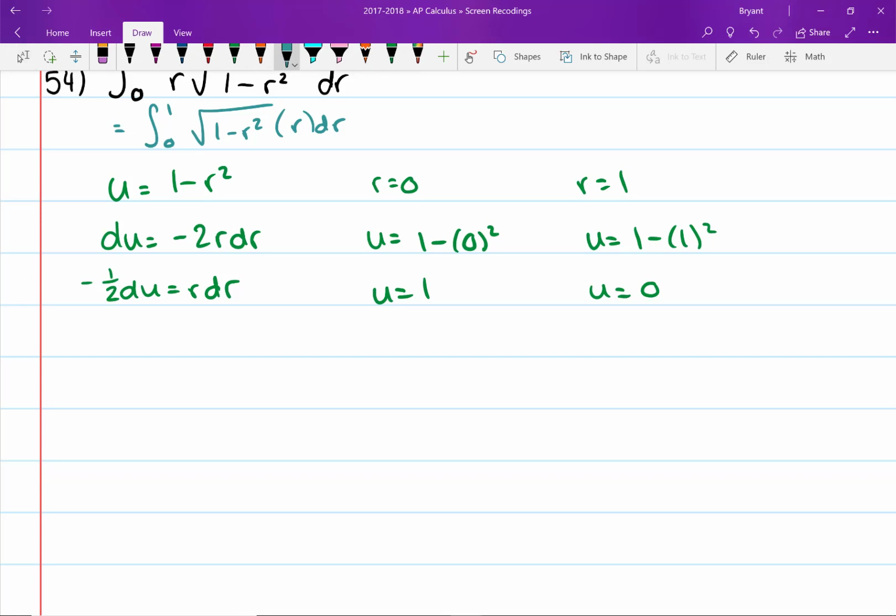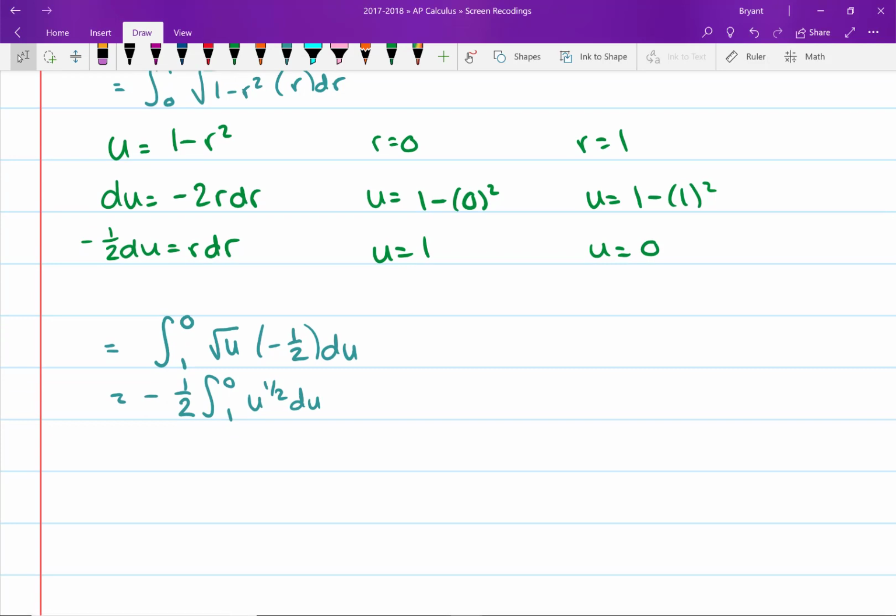So I'm going to rewrite my integral using my u sub, and this becomes the integral from 1 to 0 of the square root of u times a negative 1/2 du. So this is negative 1/2 the integral from 1 to 0 u to the 1/2 du.